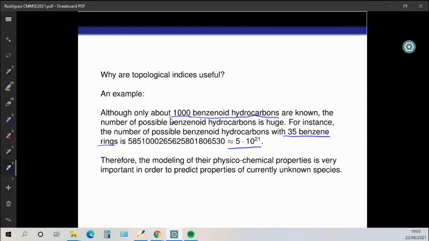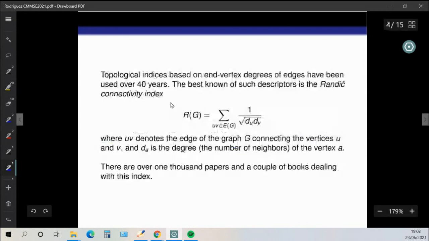And so it's very interesting to have a tool for modeling their physicochemical properties, in order to study or predict properties of currently unknown species.